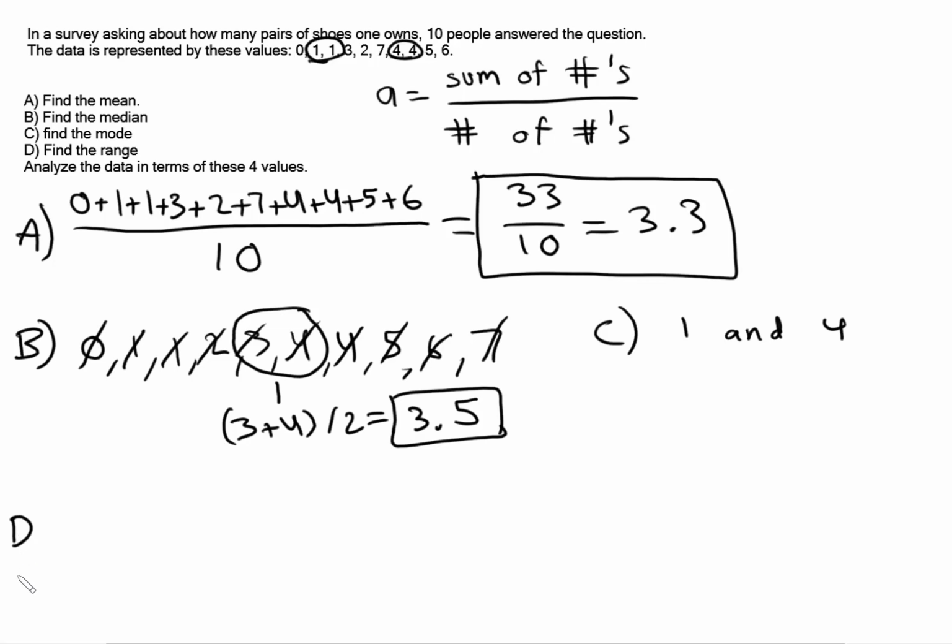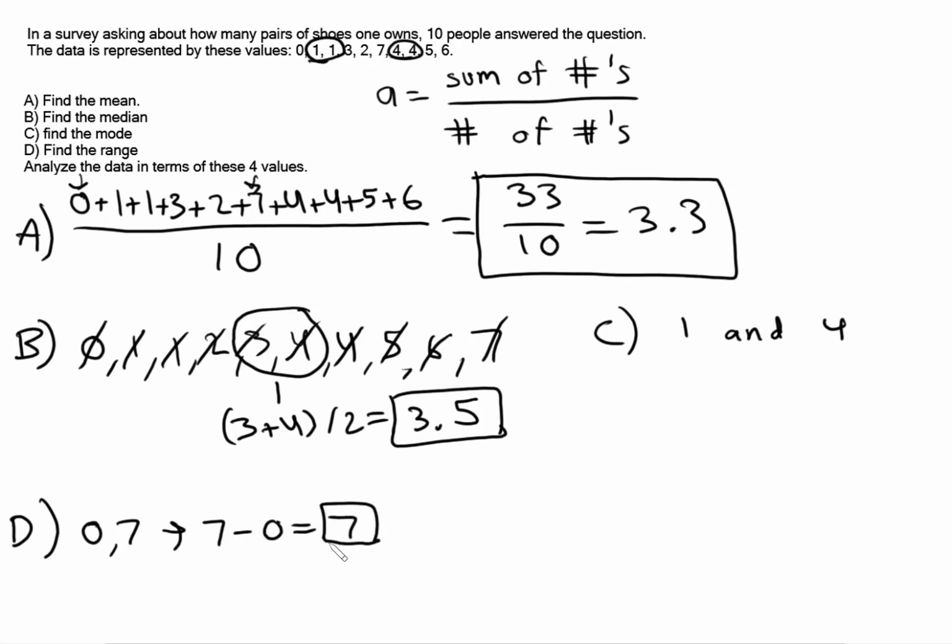The range is going to be the highest value minus the lowest value. Now all we have to do is identify both of those values. We know 0 is going to be our lowest value, and 7 is going to be our highest value. To calculate the range, you do highest minus lowest, which in this case is 7 minus 0, which is 7.